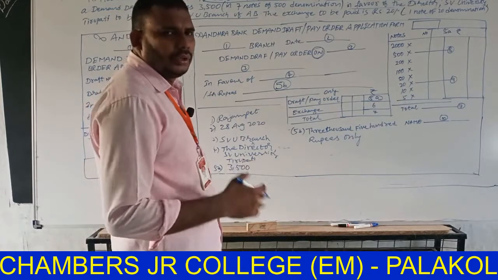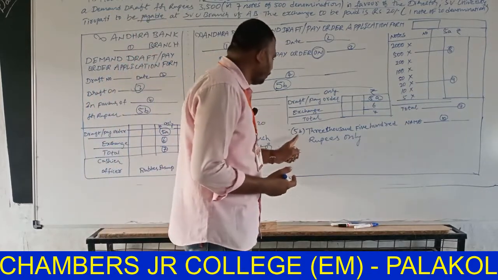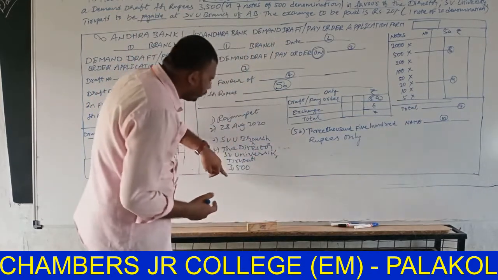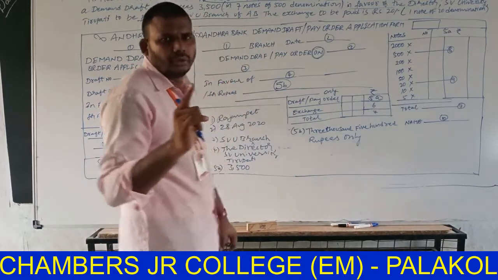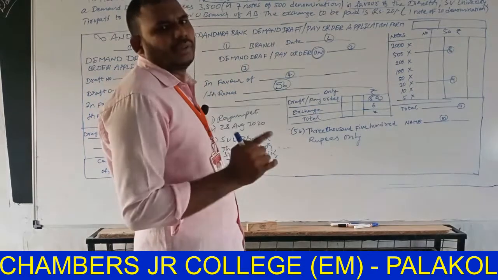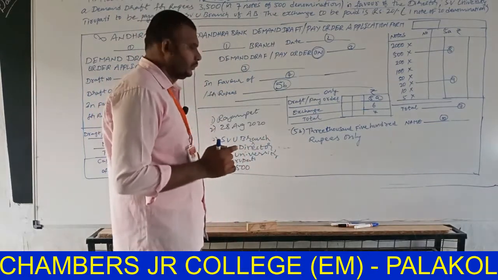So that's what we need to write at 5B. So both are equal, and for these two numbers, 1 mark, half mark only is given, not the 1 mark.